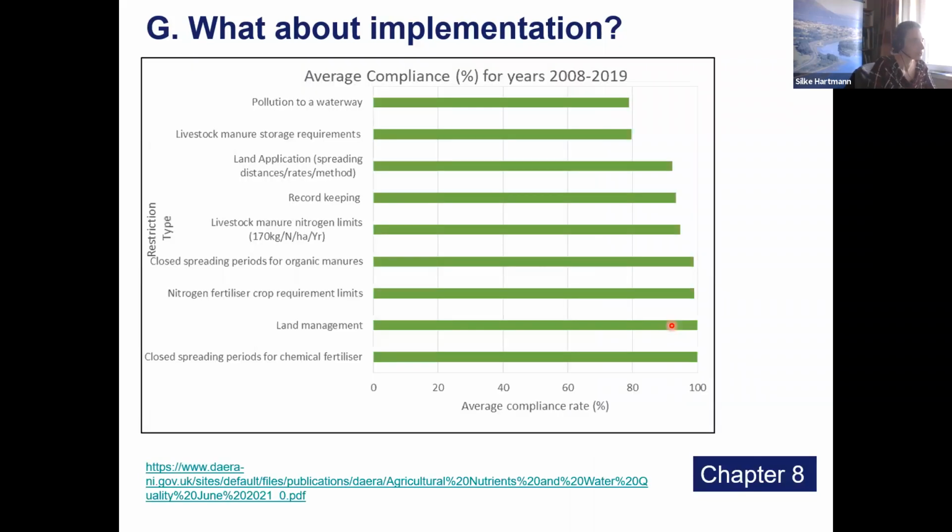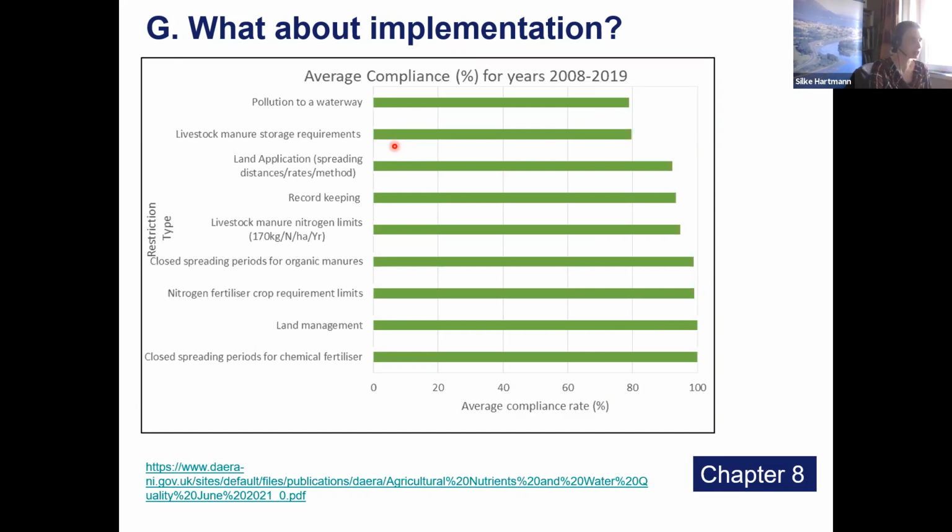So if we look at the agricultural pressures, this graph is based on the outcomes of the agricultural cross-compliance inspections. Between 2008 and 2019, the average number of cross-compliance inspections carried out by NIA was 476 per year.